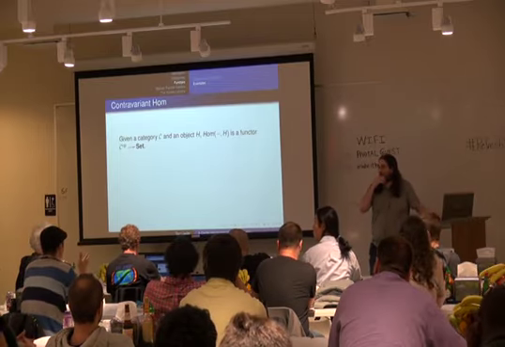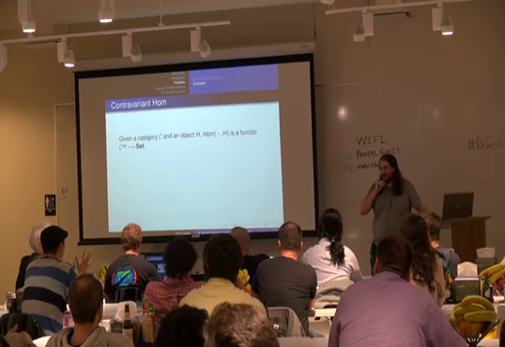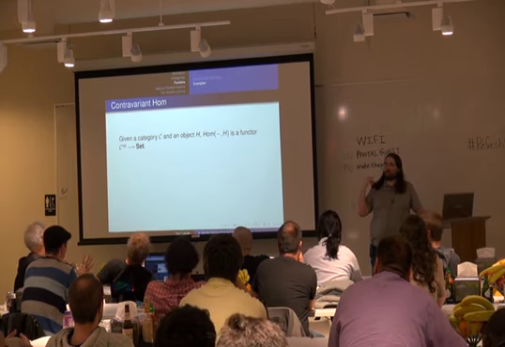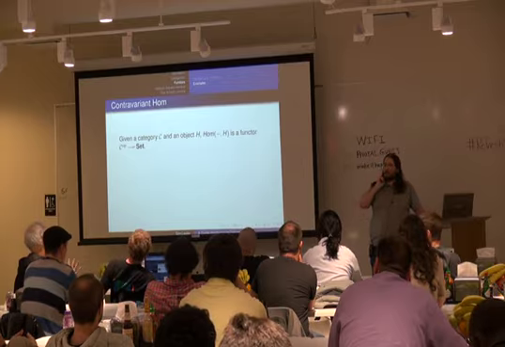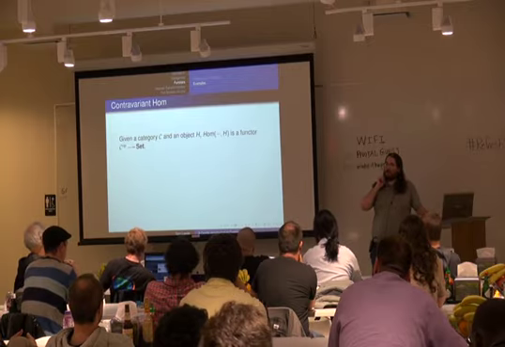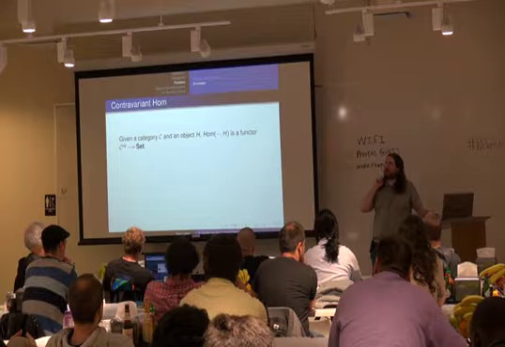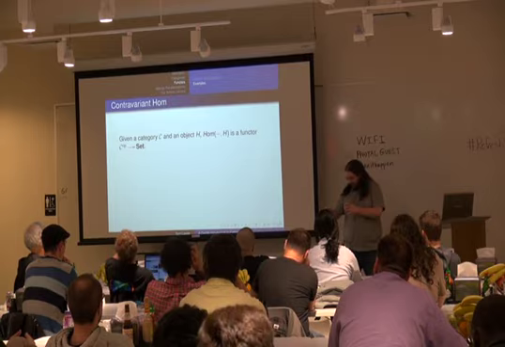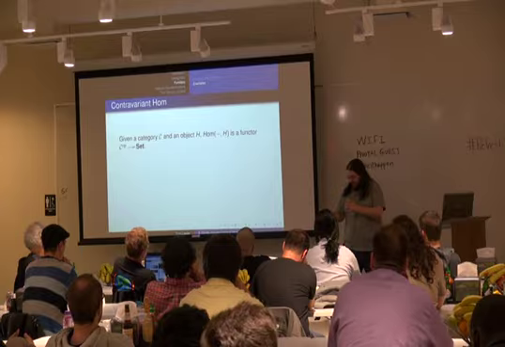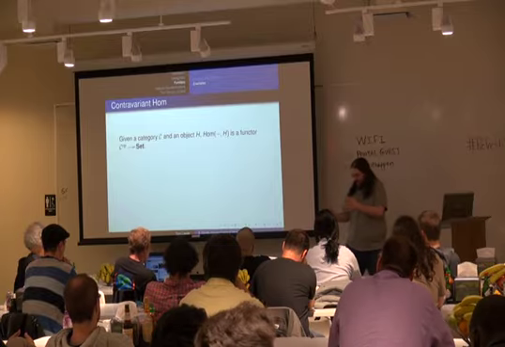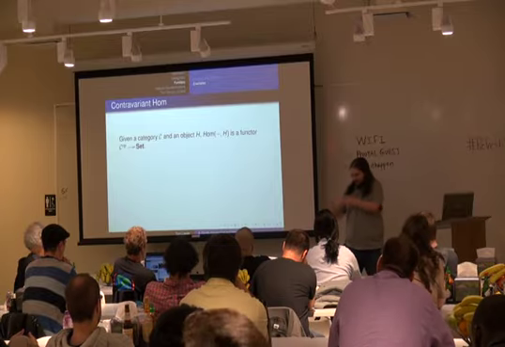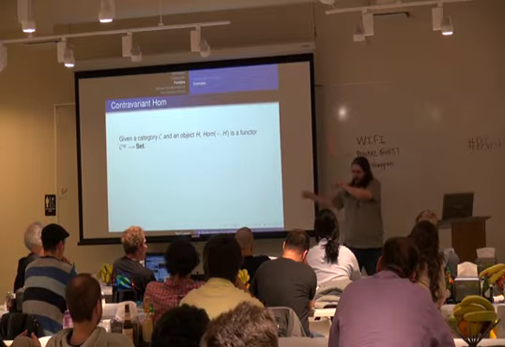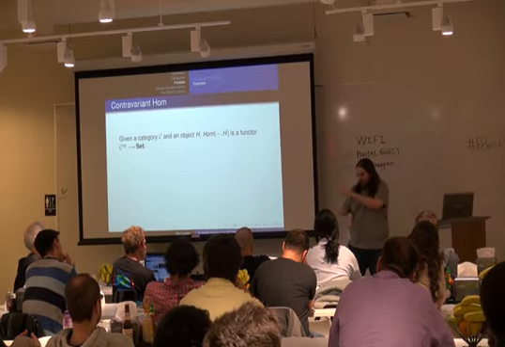Morphisms are a generalization of functions. Yes, but it's not quite that. To think of them, think of them like paths. You've got something over here and something over here and something over here, and you can go from here to here to here.